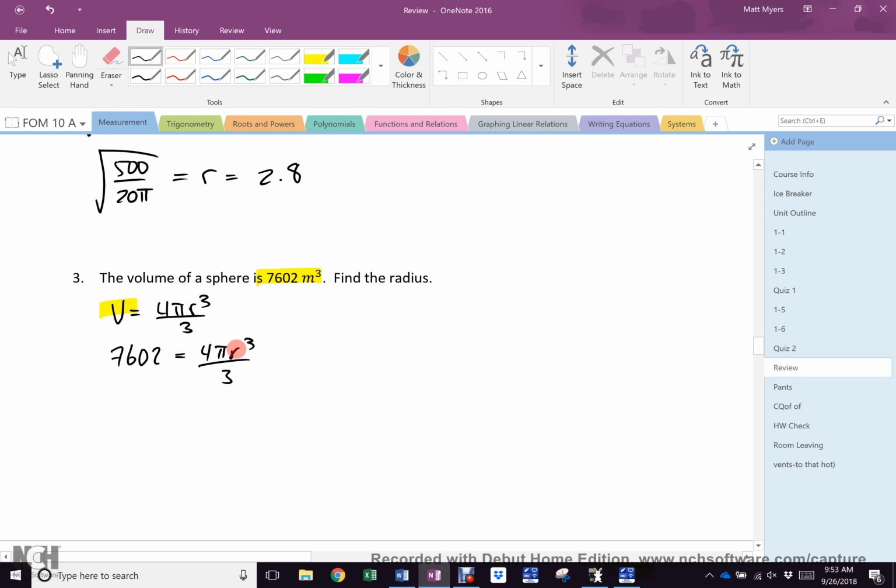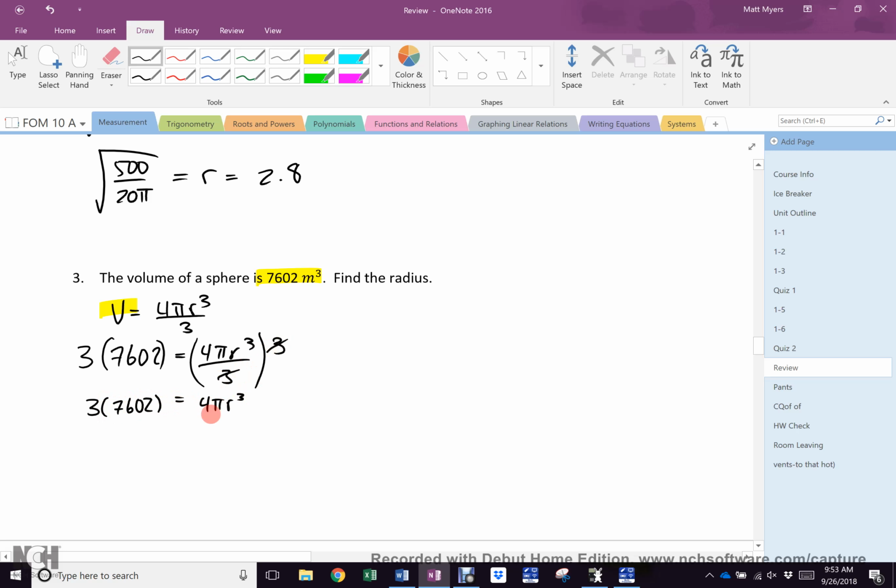I need to get the r by itself, so I got to move everything away from the r. Well, this 3 is divided by 3. To get rid of divided by, I multiply by 3. So, first thing is 3 times 7,602 equals now 4 pi r cubed, because those 3's cancel.